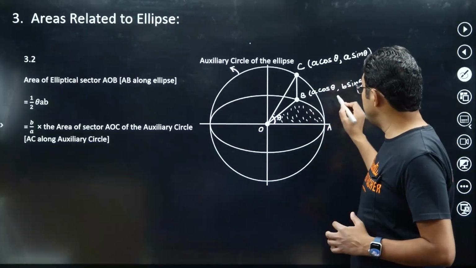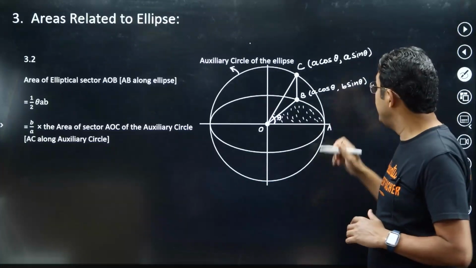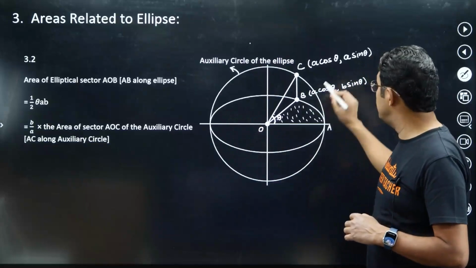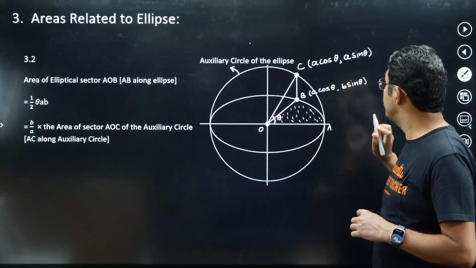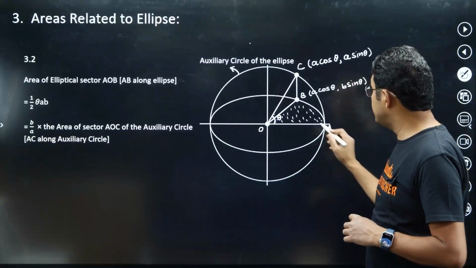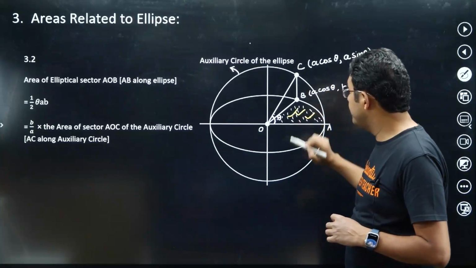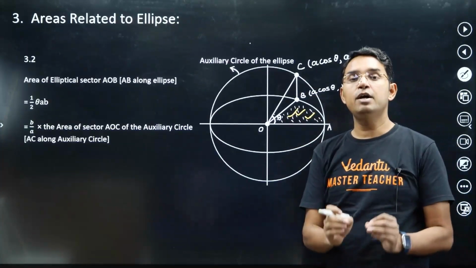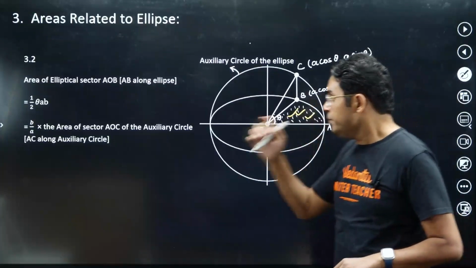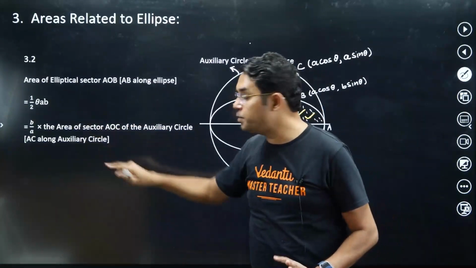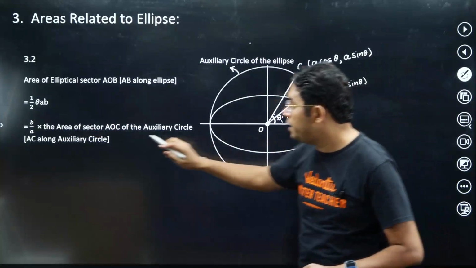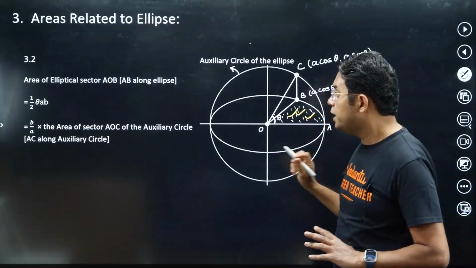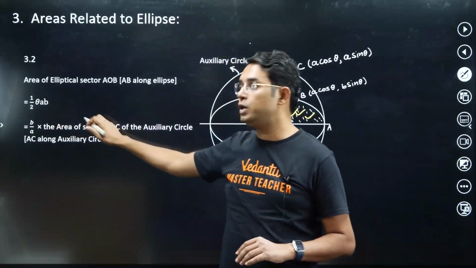Suppose point B is A cos theta comma B sin theta, and I take the corresponding point C on its auxiliary circle, A cos theta comma A sin theta. Then this desired area and the area of the sector AOC will always have a fixed ratio, and that ratio is B upon A. So this required area would be B upon A times the area of the sector AOC of the auxiliary circle, which becomes half into theta into AB.